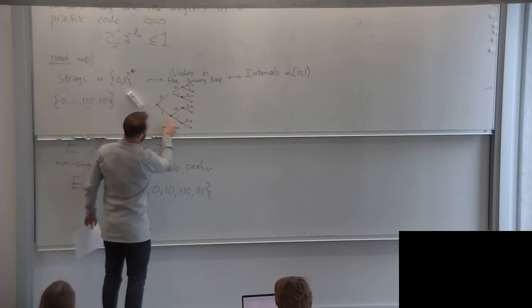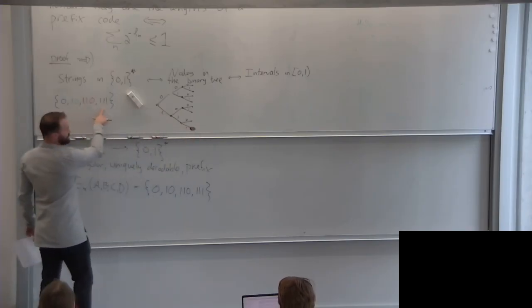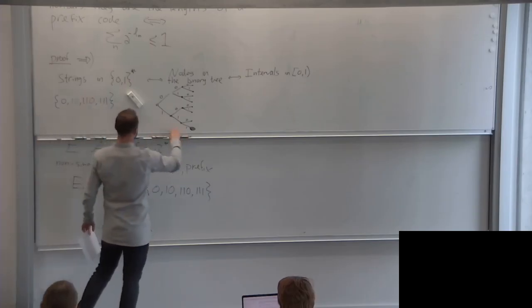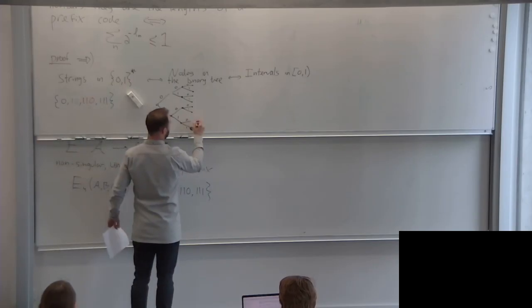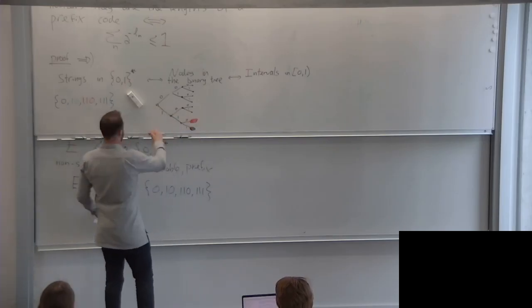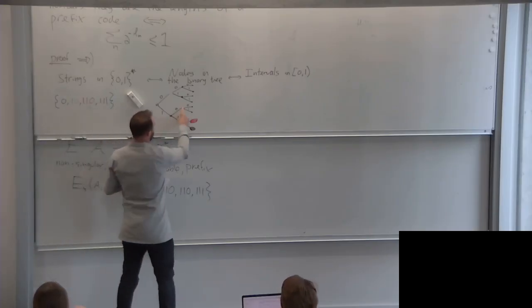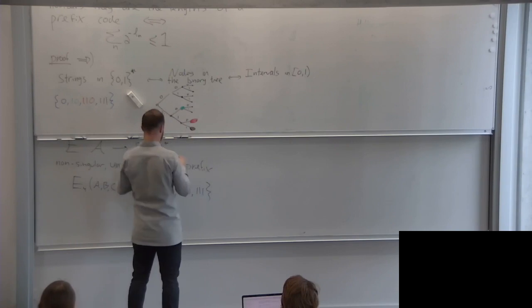1 1 1. This is a node. I'm going to make it super big. It's my black node. It corresponds to this string, 1 1 1. 1 1 0 is this one. 1 0 is this one here.